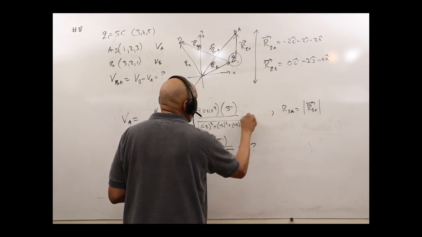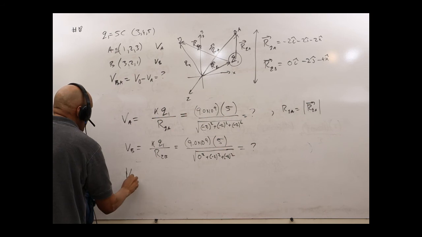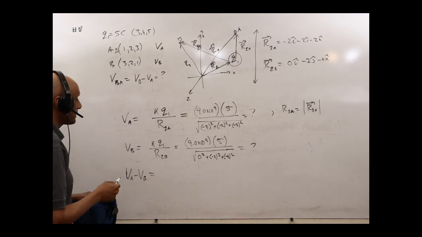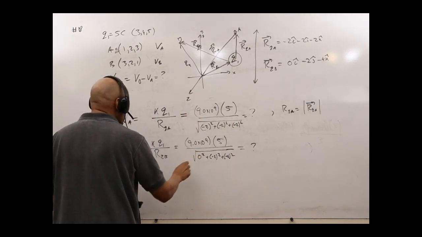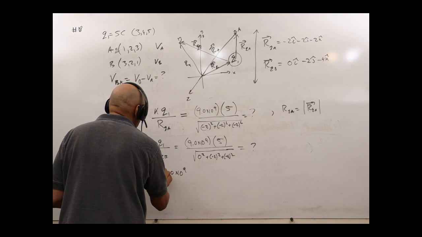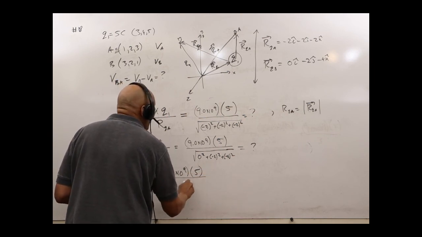So I won't bring up the calculator and do this, but the final answer is VA minus VB. The potential difference between those two points is going to be the difference between these two numbers. I'll actually write it out just to make sure you're understanding, because I'm not going to plug this into a calculator.